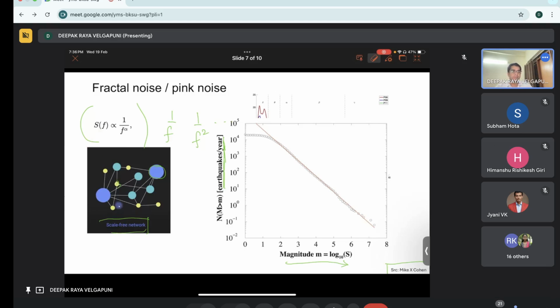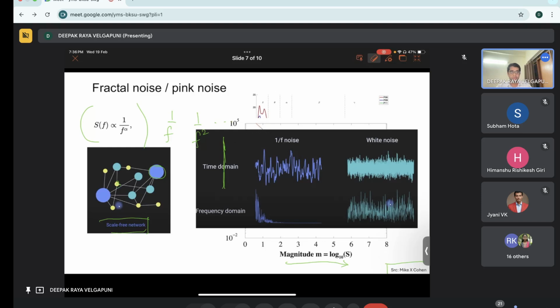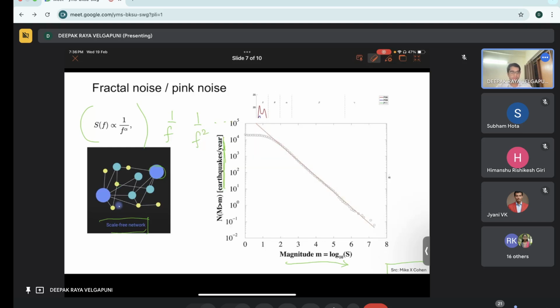Imagine, I'll explain through this earthquake. As you go higher, the number of earthquakes occurring in a year with a magnitude of 7 is lower here. If you want to count the number of earthquakes with magnitude 7, they're very few.